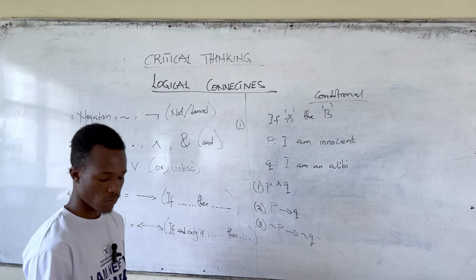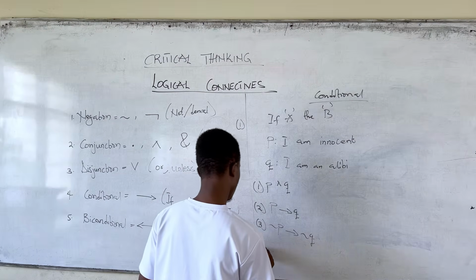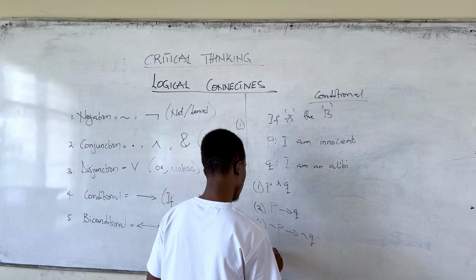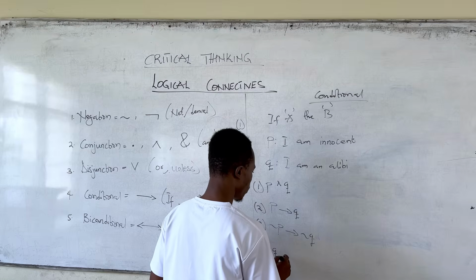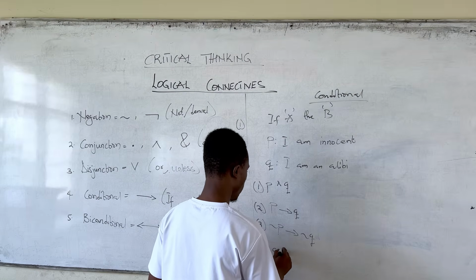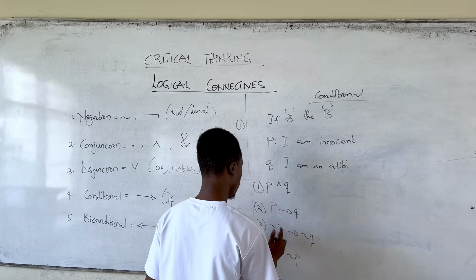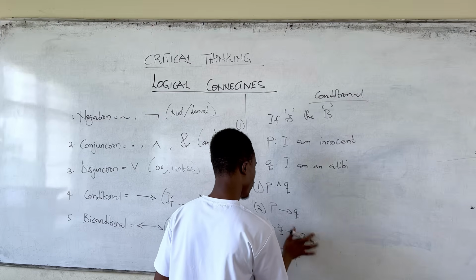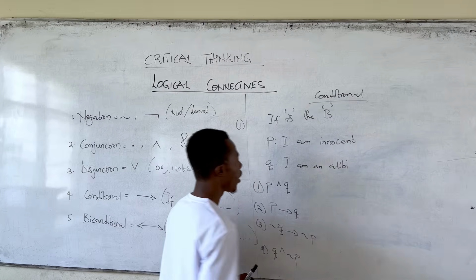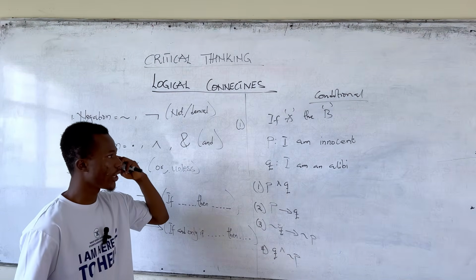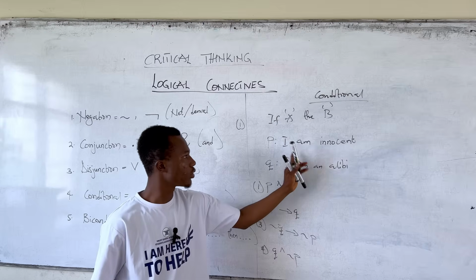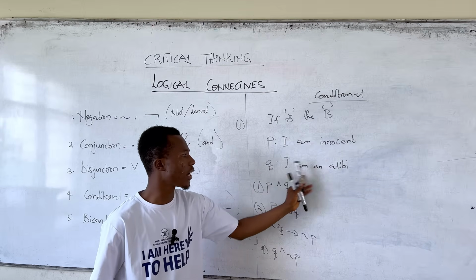Then Q, wedge, Tyler P, and this Tyler Q, Tyler P. Alright, so for the question on the board, I am innocent, I have an alibi.